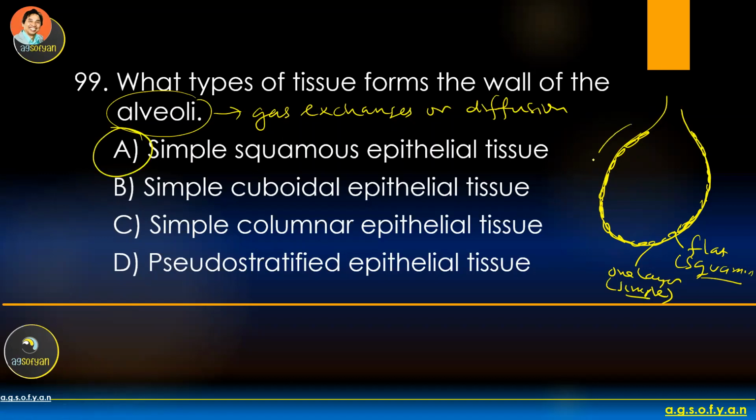So gas can exchange from the alveolar to the blood vessel, or from the blood vessel to the alveoli, easily.